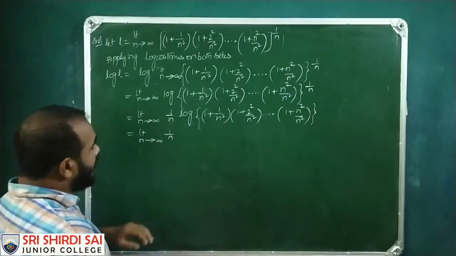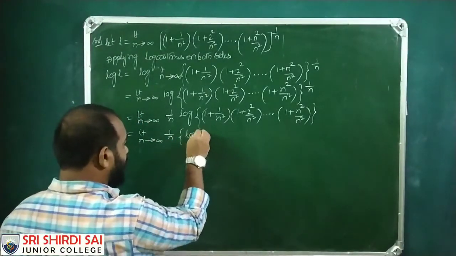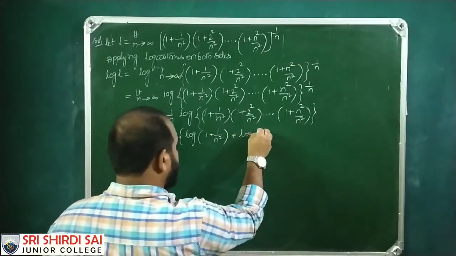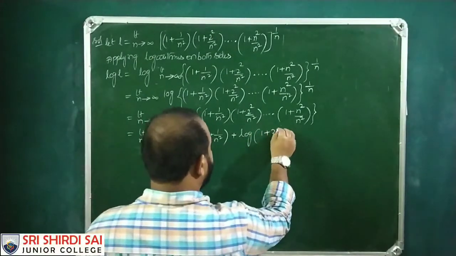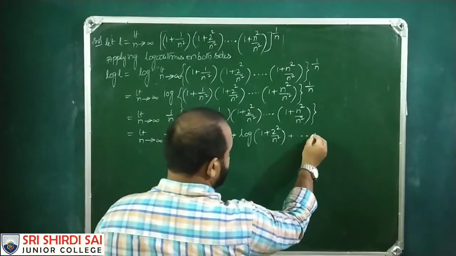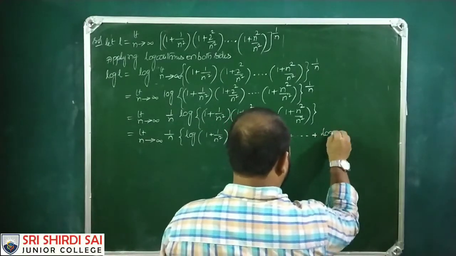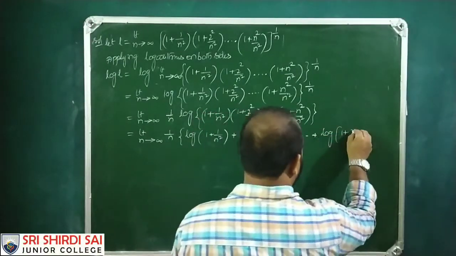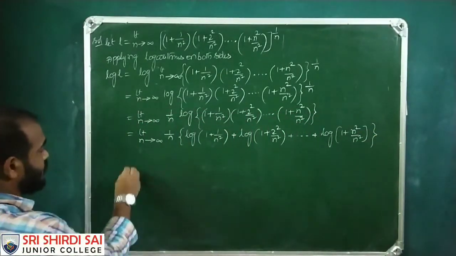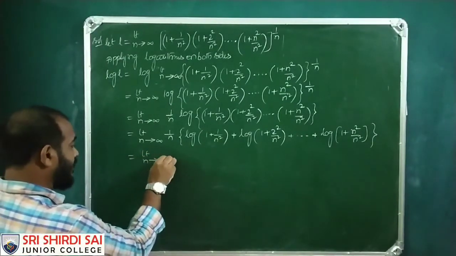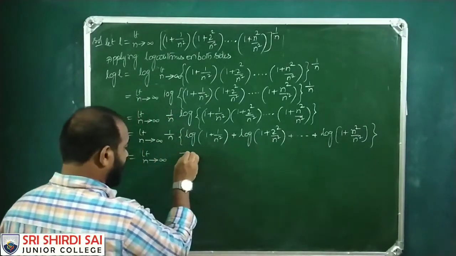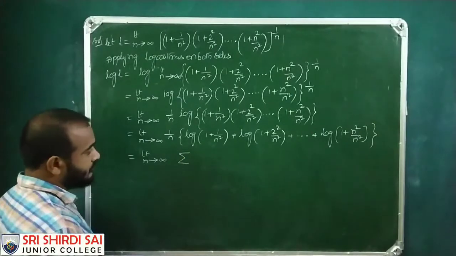So this is log(1 + 1/n²) plus log(1 + 2²/n²) plus and so on, plus log(1 + n²/n²). Since this is the summation of a series, we can write it in sigma notation.